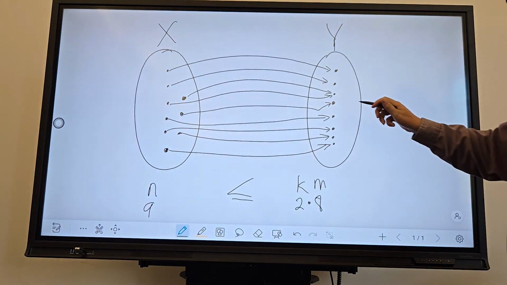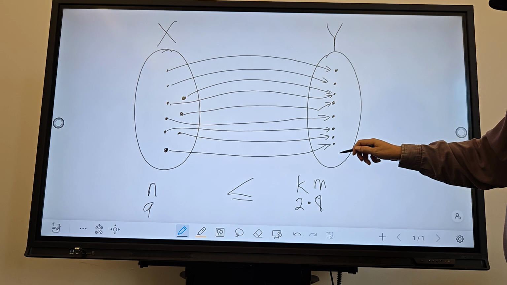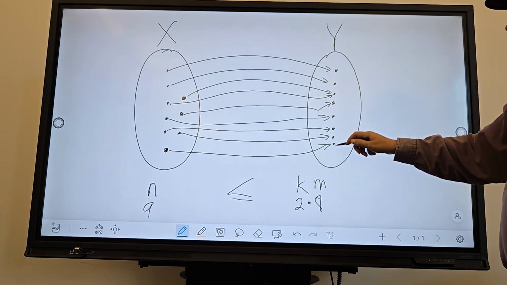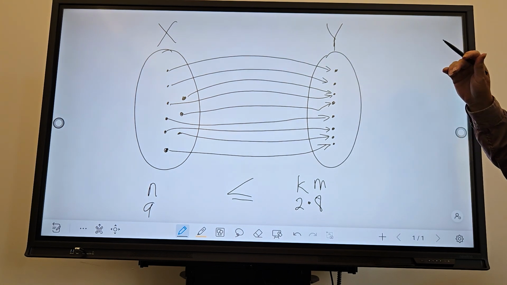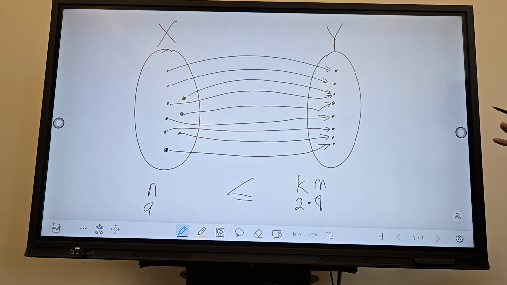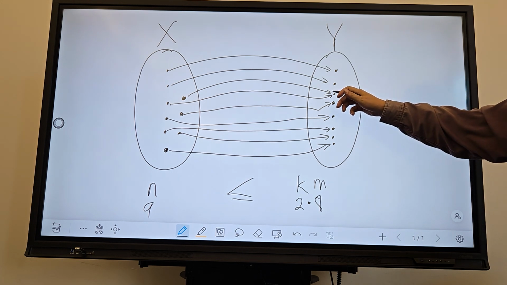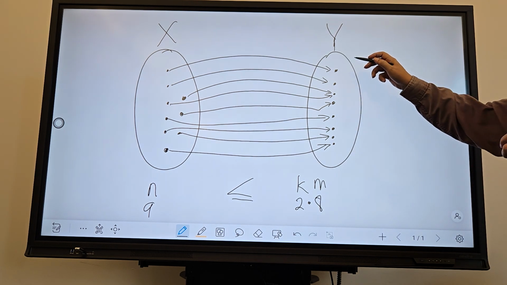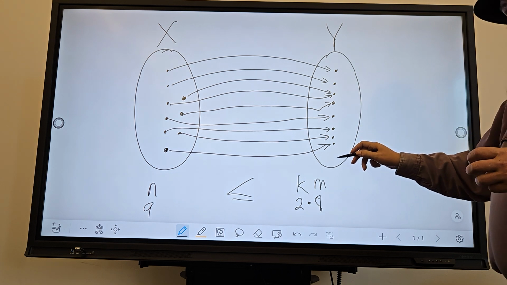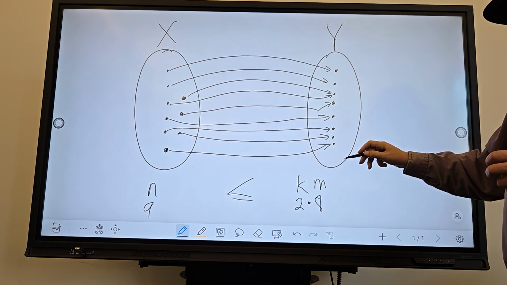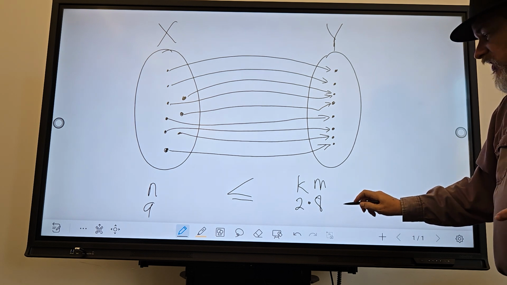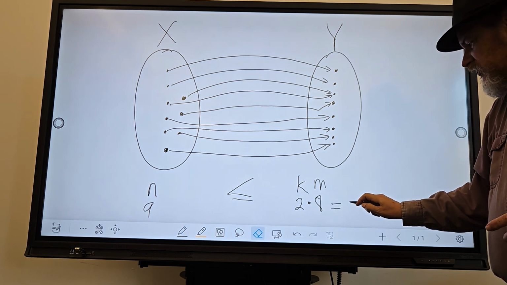So basically, you take the pigeonholes and take the maximum number of pigeons in a hole, in this case 2, multiply it by the number of holes you have, which is 16 in this situation.